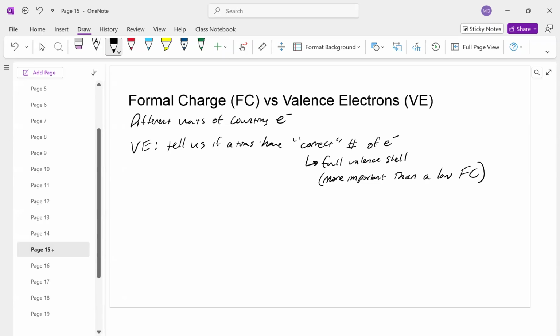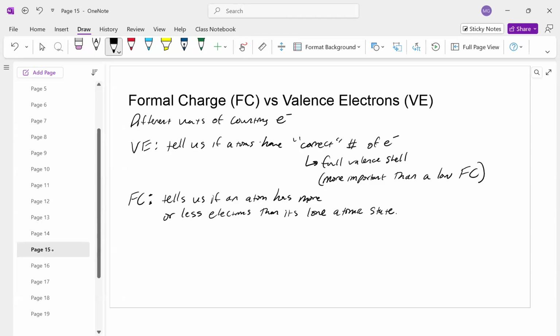And what is formal charge? I don't think we have brought that term up yet. Formal charge is a fictitious charge that tells us if an atom has more or less electrons than its lone atomic state.